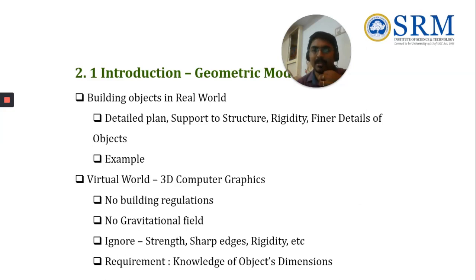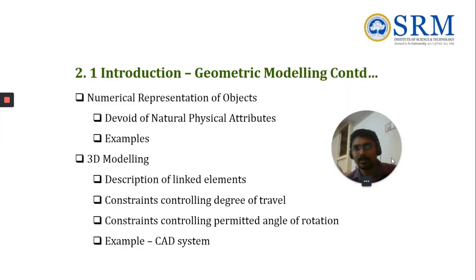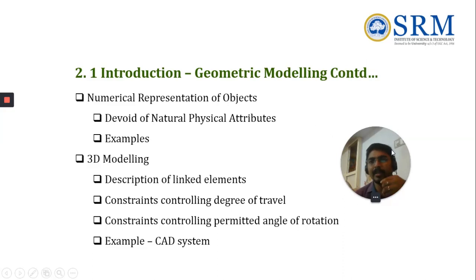But after that, by using the tools and mathematical models, we will do the virtual world. So these geometric models are there to replicate the actual nature of the physical attributes.